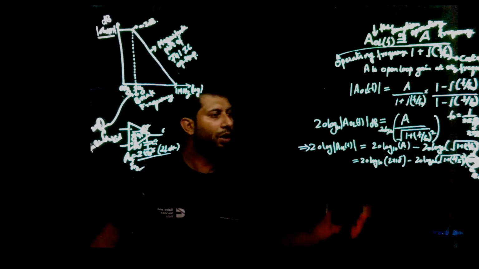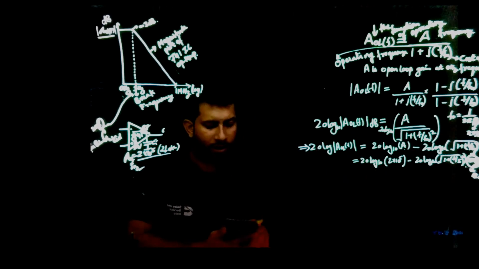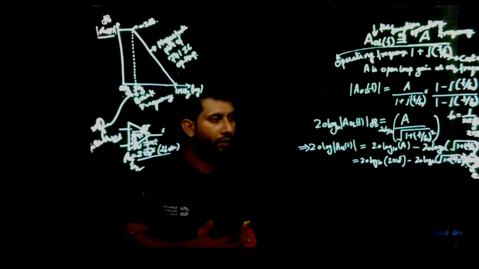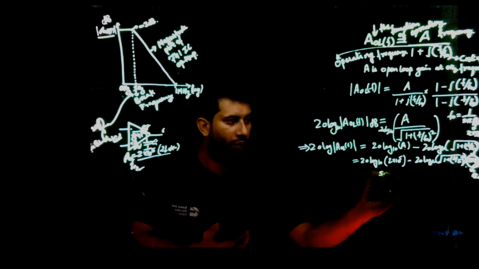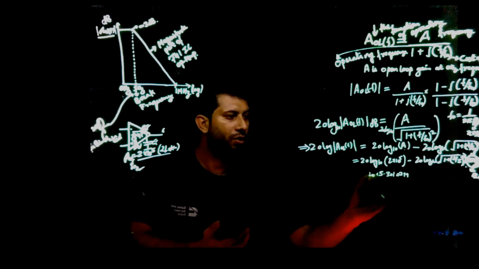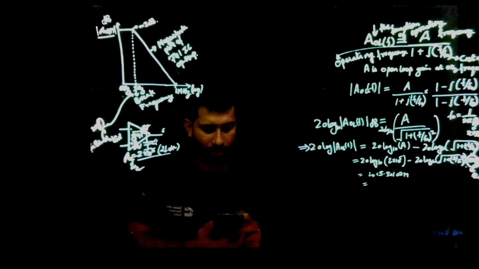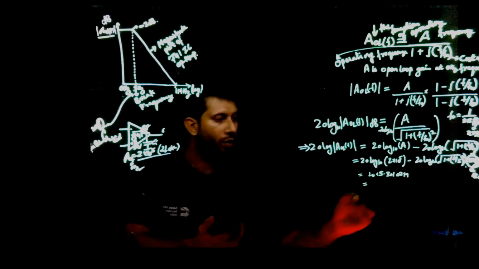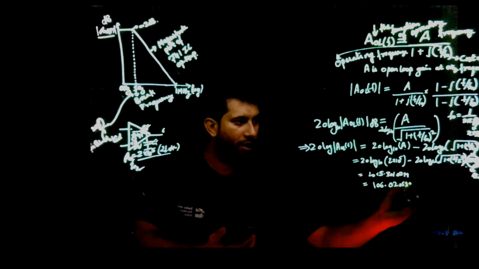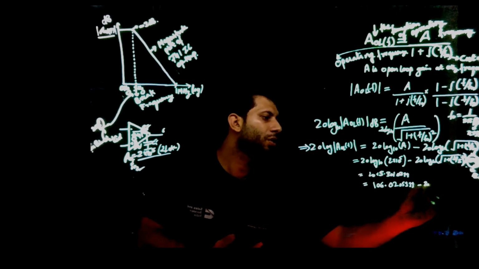Now if we want to calculate it, let's take the calculator. 2 into 10 to the power 5 is 2 lakh. Log of this will be 5.301029, and multiplication with 20 will give us 106.020599 minus 20.